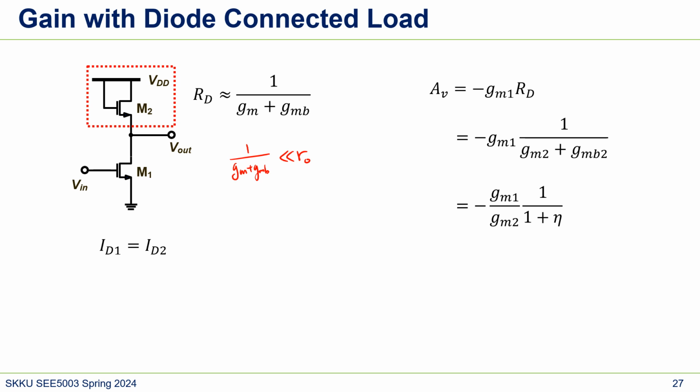So the gain would be GM1 times RD, where GM1 is the transconductance of this M1 NMOS, and we can write it down like this. Because for GMB, we assume that GMB is eta GM2, we can get this kind of equation, and it has some interesting characteristics.